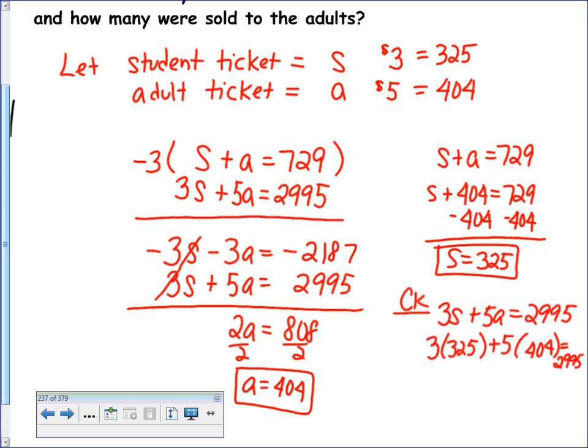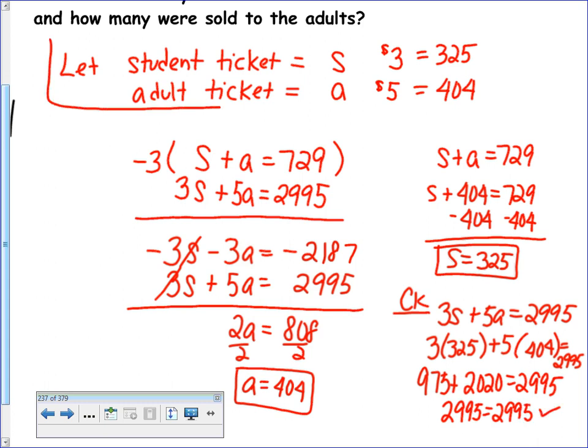So let's do the math. 325 times 3 is 975. 404 times 5 is 2,020. Does that equal the 2,995? And it does. 2,995 does check out.